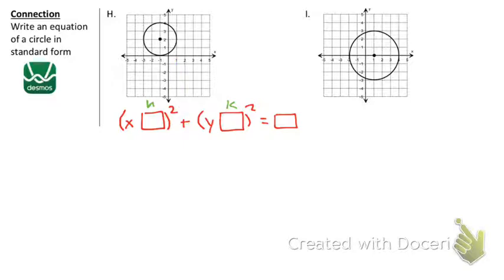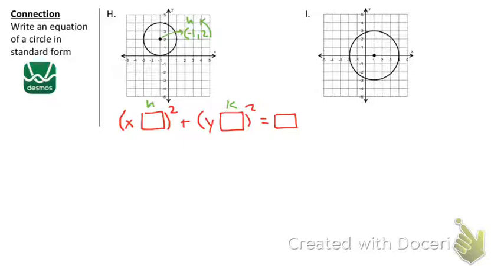So the center of the circle, in this case, is the point -1, comma, 2. This is now my h, and this is my k.